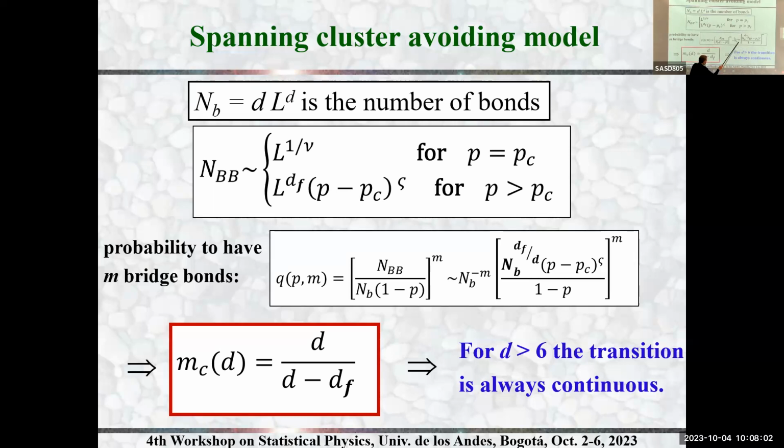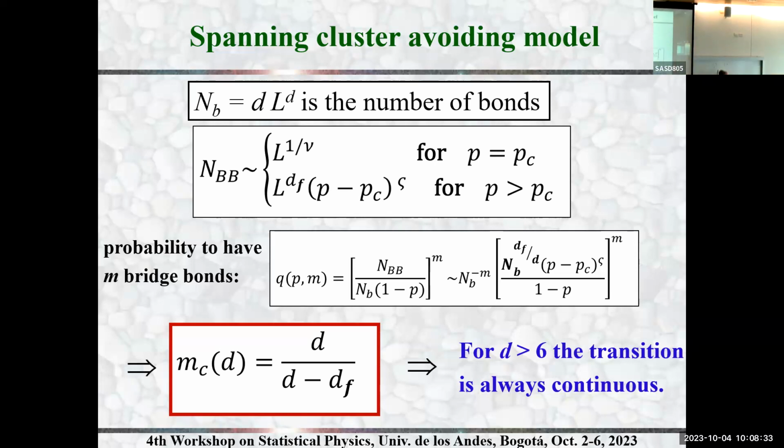And if I put this out here, I get here minus m. And then you have here plus m times d fractal over d. Okay? So this gives you here d fractal minus d over d times m.